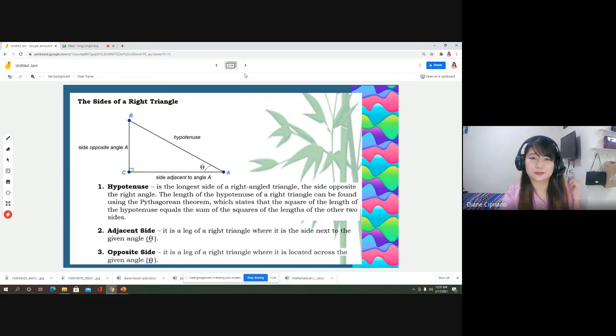So again, hypotenuse, longest side; adjacent, the side next to the given angle; and then the opposite side is the side opposite to the given angle.